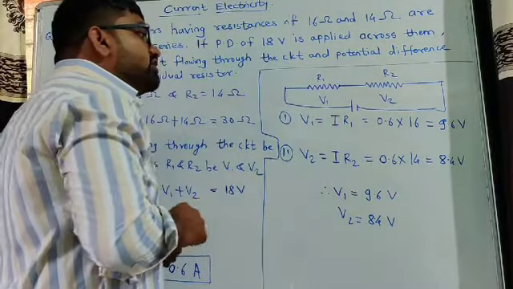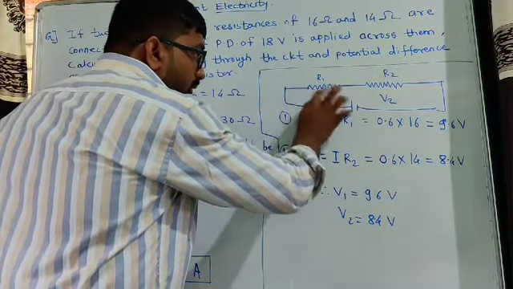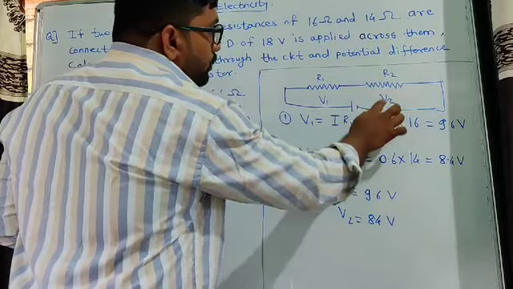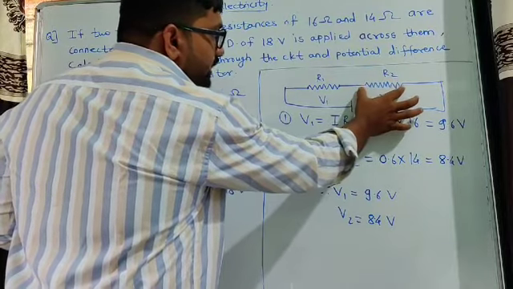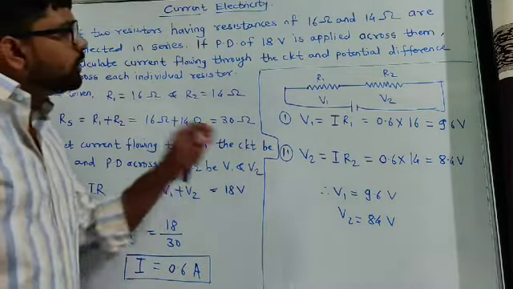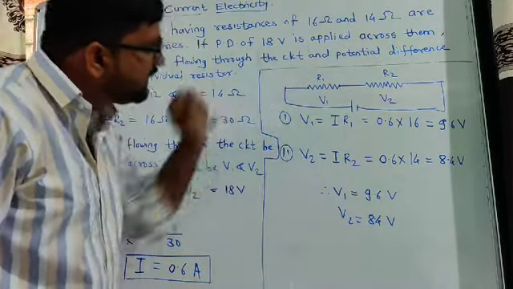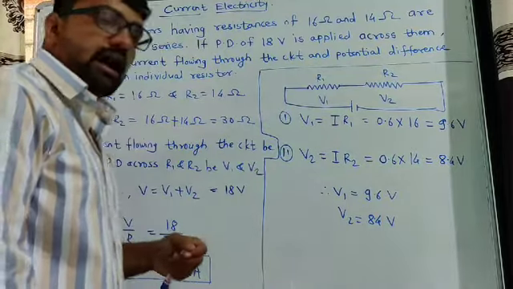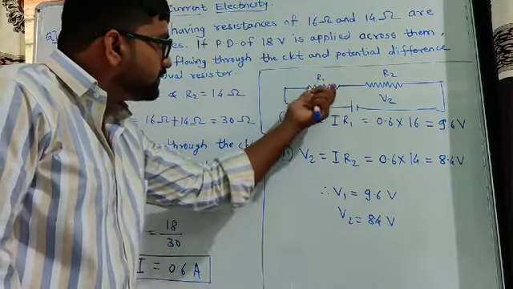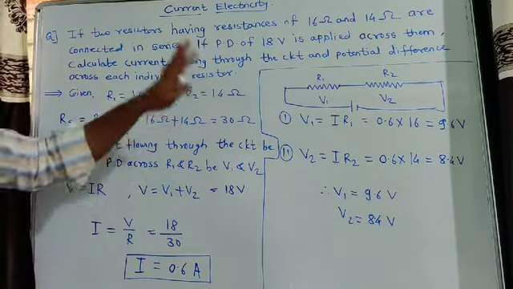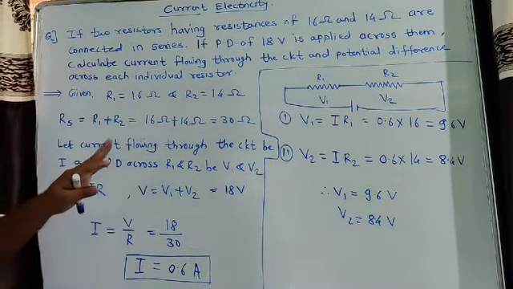V1 is the potential difference generated across resistor R1, and V2 is the potential difference generated due to the second resistor R2. So in this electrical connection, due to the resistors R1 and R2, potential differences V1 and V2 are generated. This is the basic information given here.